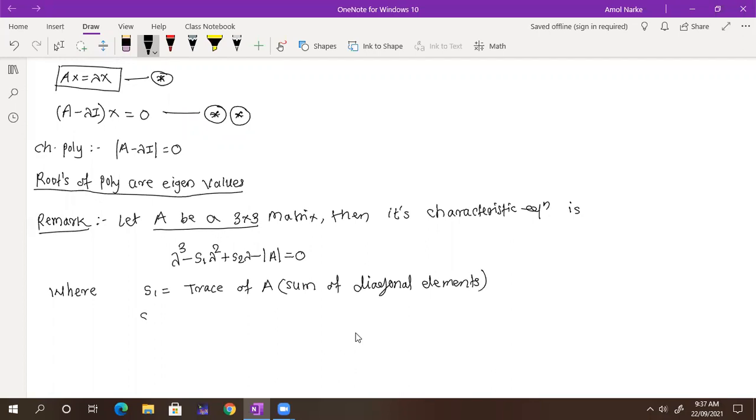Okay, your S2, that is nothing but sum of minors of diagonal elements.